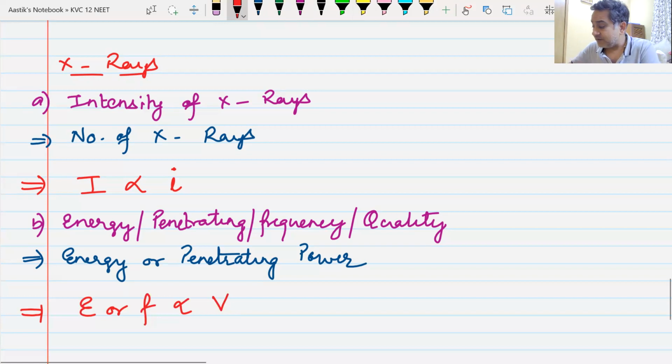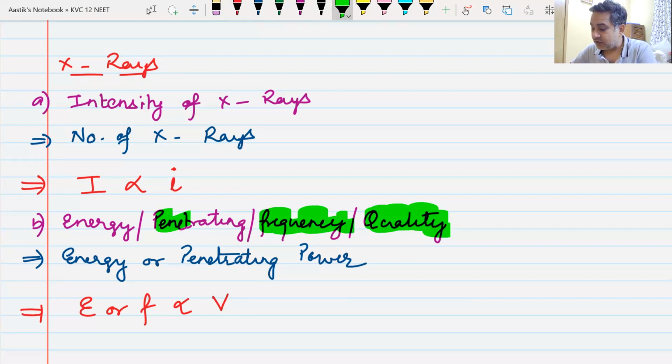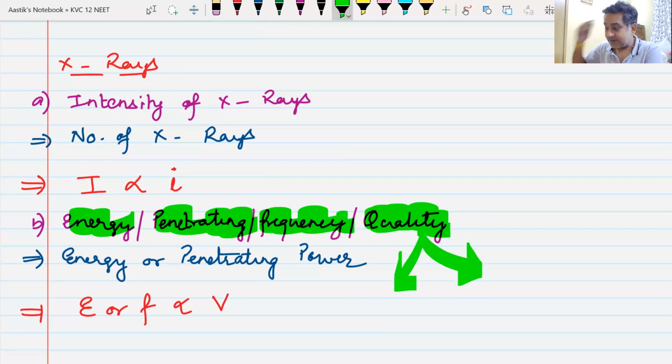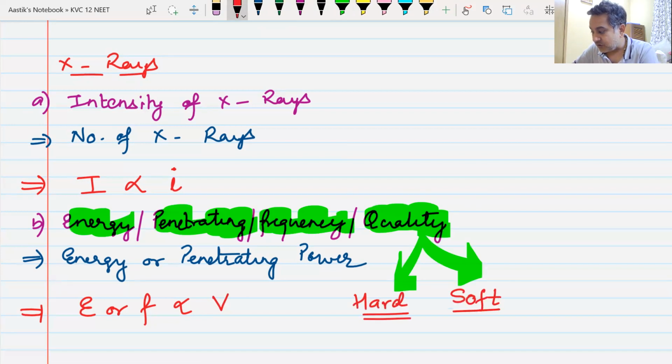Now, based on this quality, or the frequency, or the penetrating power, or the energy, X-rays can be divided into two categories. One is known as the hard X-ray, the other one is known as the soft X-ray.